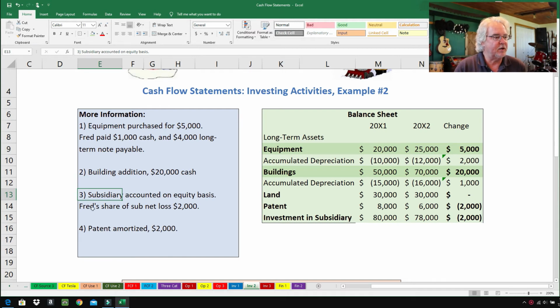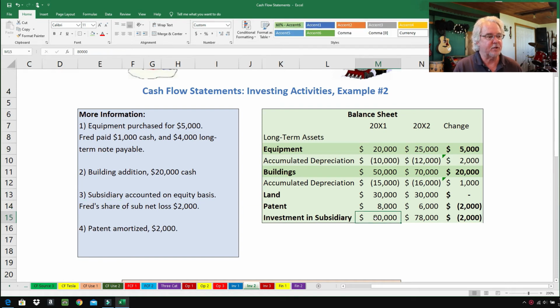Now, in this case here, the subsidiary had a loss. So Fred's share of the subsidiary's net loss was $2,000. So according to the equity basis, a net loss rather than a net income, we would deduct that from the investment in subsidiary. So $80,000 minus the loss of 2 gives you 78. So that explains the $2,000.